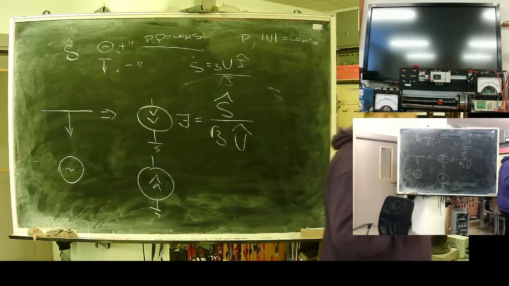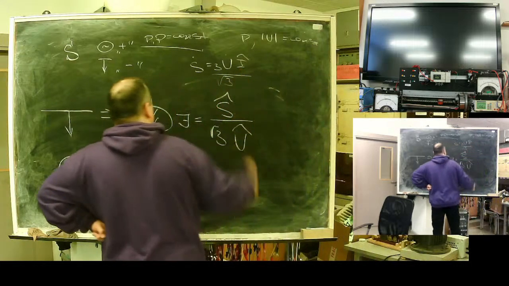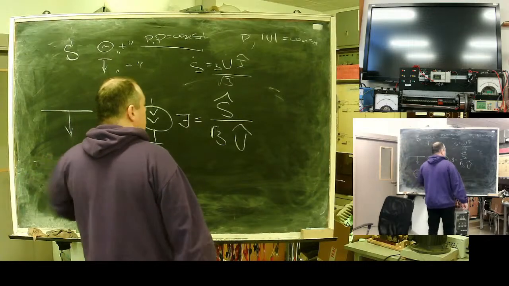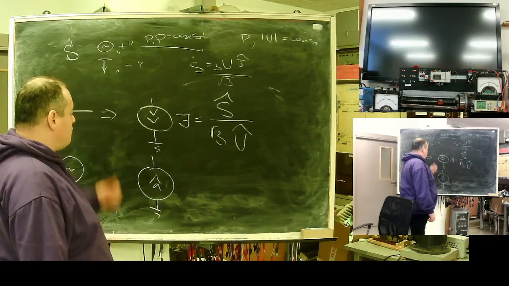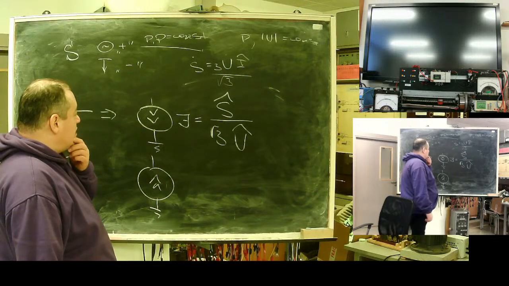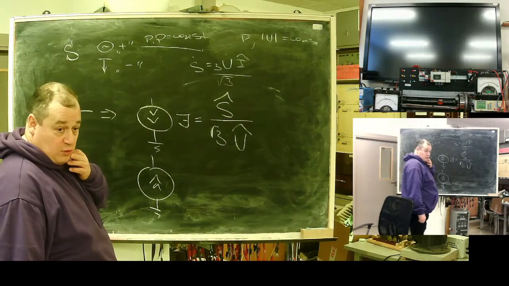If you do not obey tradition, everything will fail. So, if you extract current from this, you will get this formula: conjugated power divided by square root of 3 and conjugated voltage.